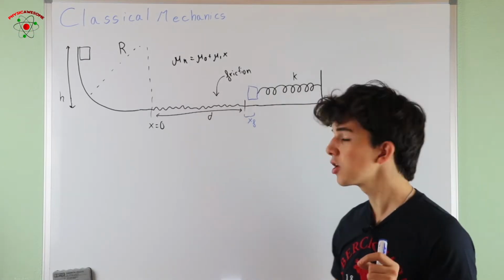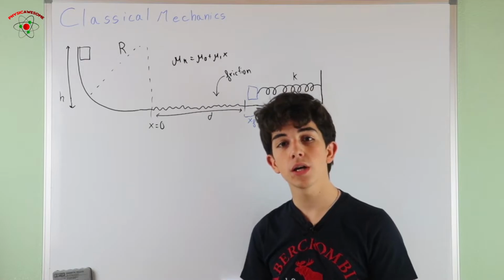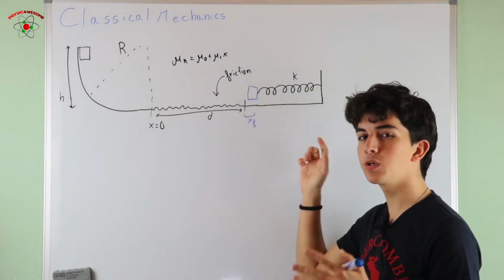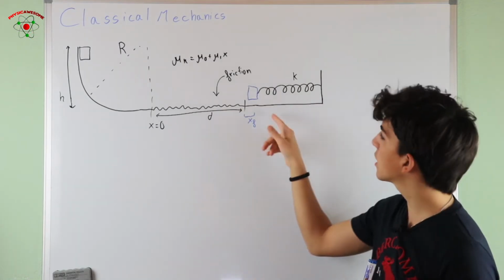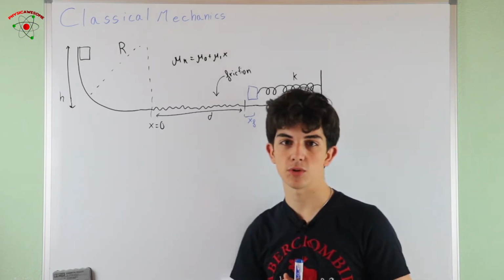After that, we have a new zone where friction doesn't act anymore, and we will have to find an equivalence between the kinetic energy it has when it enters this section and the potential energy it has once it reaches the final position.